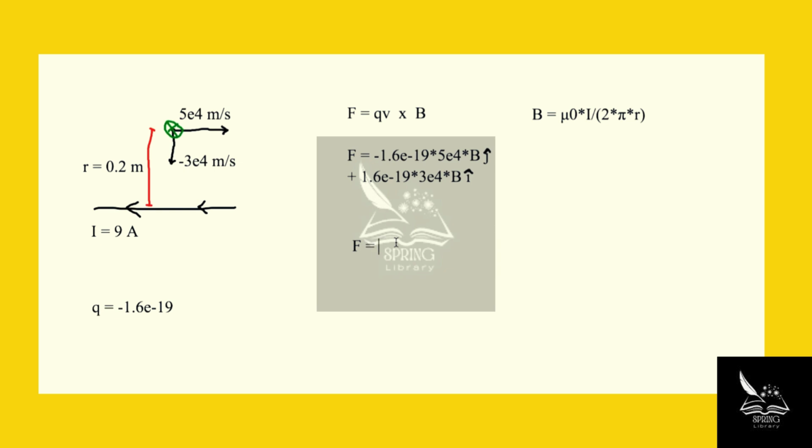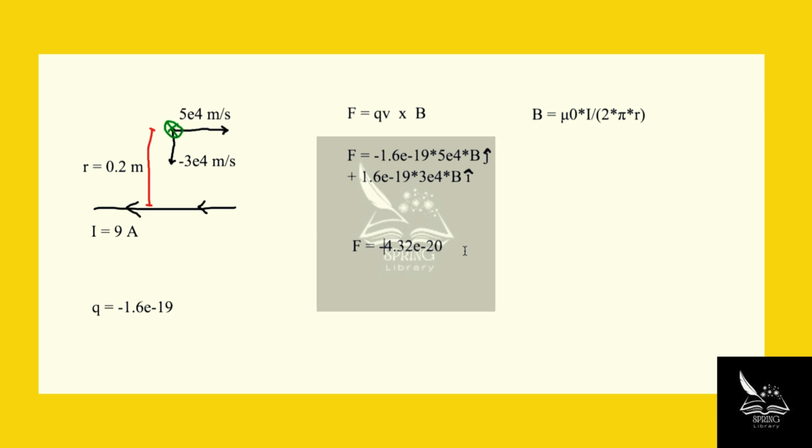For our first term, plugging all of this in, we should get minus 4.32 times 10 to the minus 20, and this is newtons, remember?